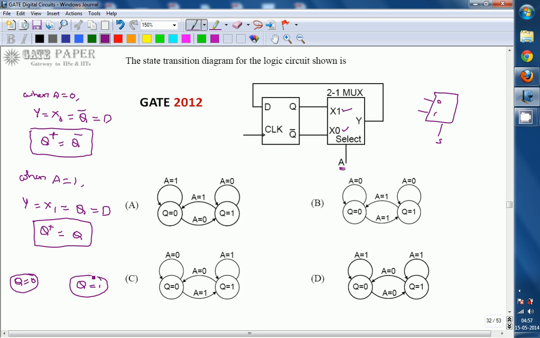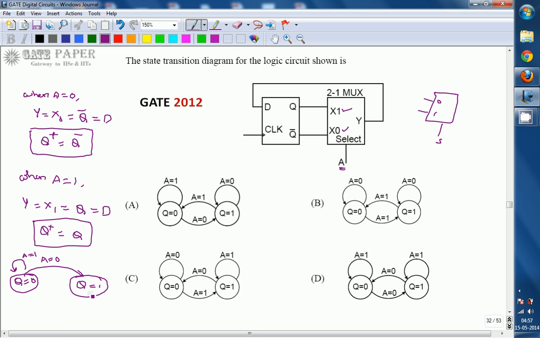A equal to 0 gives the complement of q, so q becomes 1. Whenever A is equal to 0, q equal to 0 goes to q equal to 1, and whenever A is equal to 1, it remains in the same state.